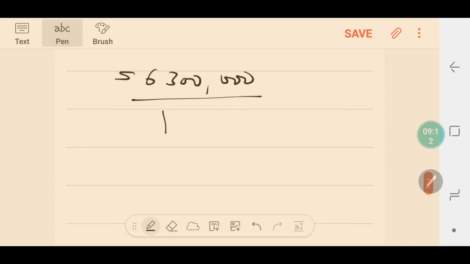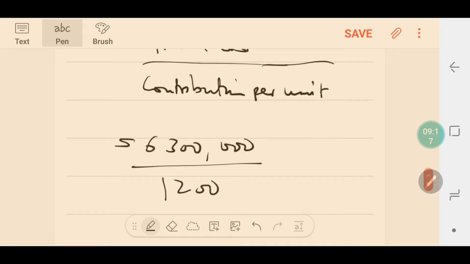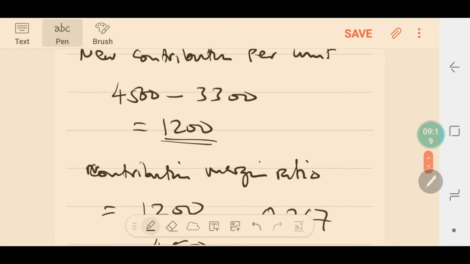This will be divided by contribution per unit, which is 1,200. Contribution has been calculated here.